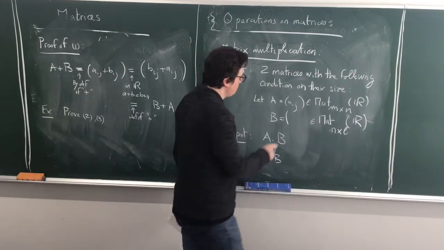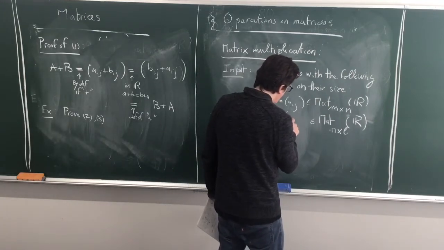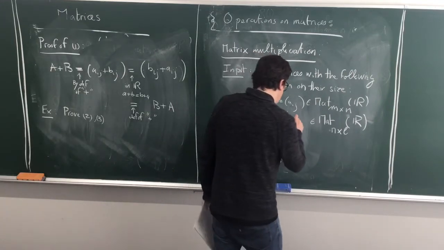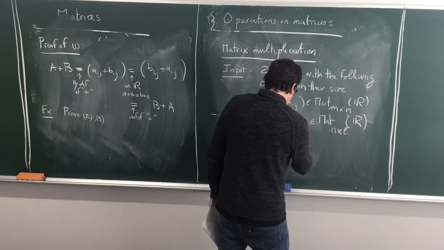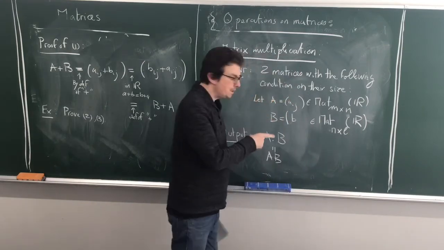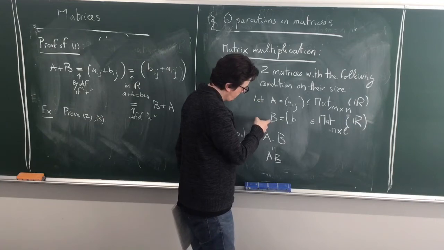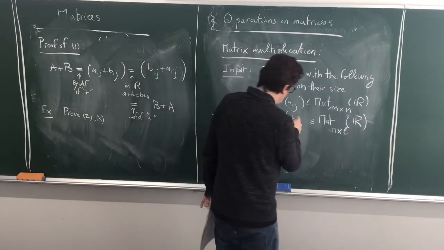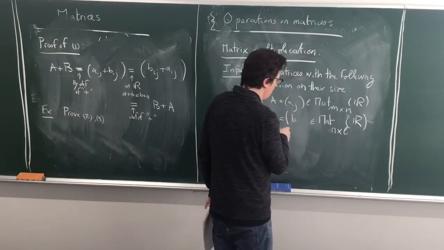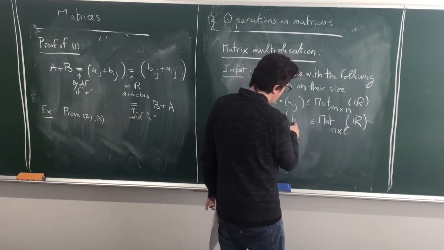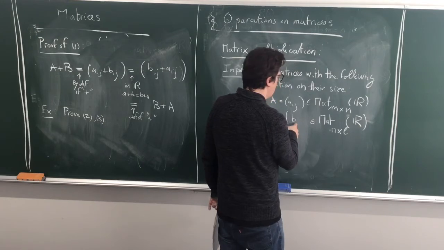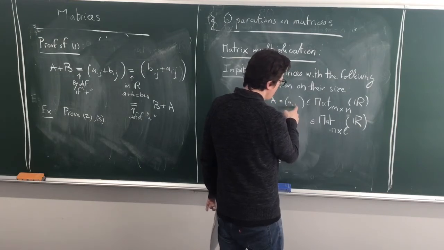Okay, these are the consequences on the notation of the entries of B. First of all, I choose the small letter b because my matrix is named after capital letter B. So the entries are small letter b. Now, the index for the number of rows is the same as the number of columns of the first matrix.